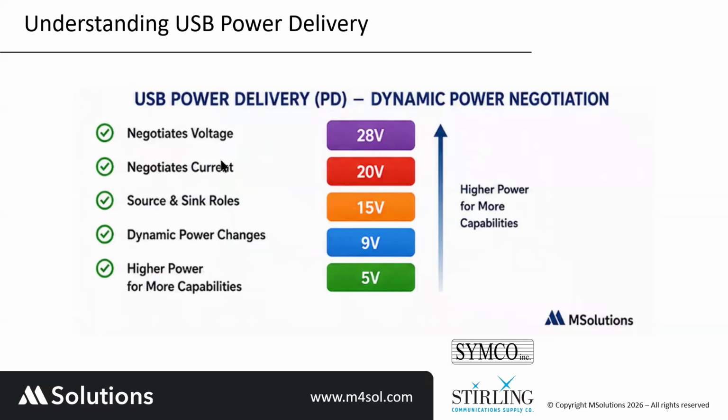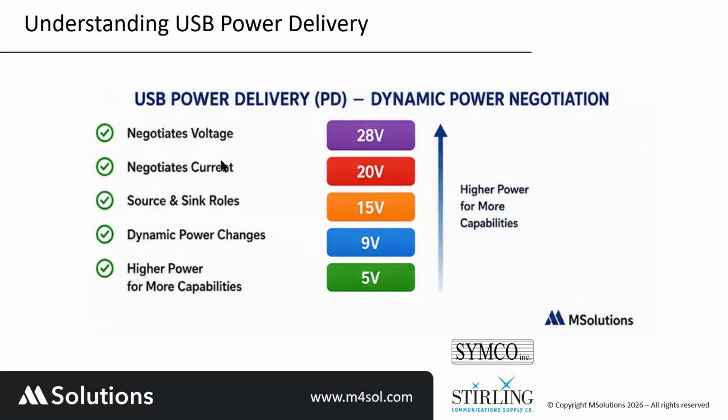As we said, many people still think that USB always provides the 5 volt. That was true in the past, when we used USB 2.0, USB 3 or USB 1 or 1.1 with the full speed and the high speed, all of those.